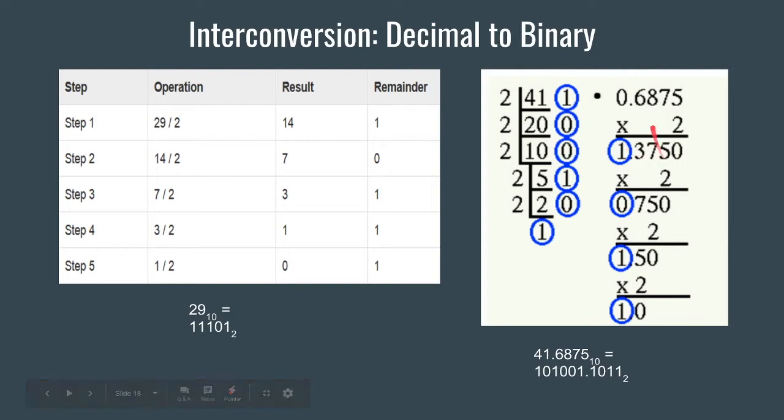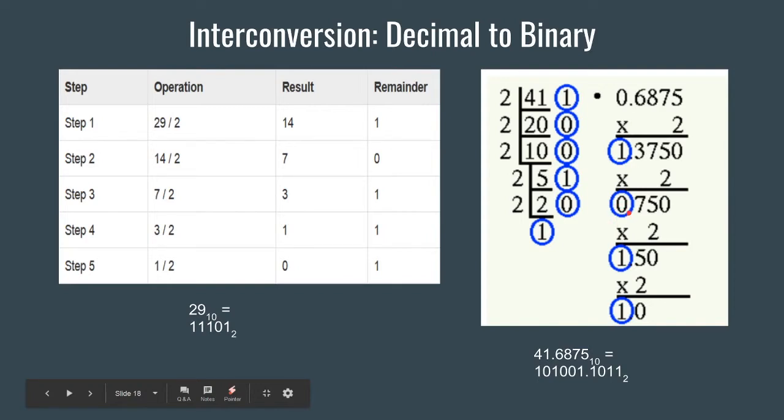That means whatever we obtained after multiplying this decimal part, we will consider only the integer, perfect integer part of that particular result. For example, over here we had obtained 1.3750. So we will not consider the entire thing. Instead, we will consider only this particular one and write it here.